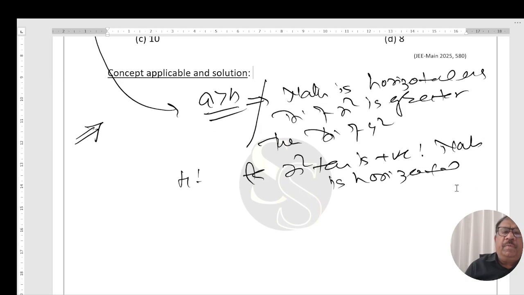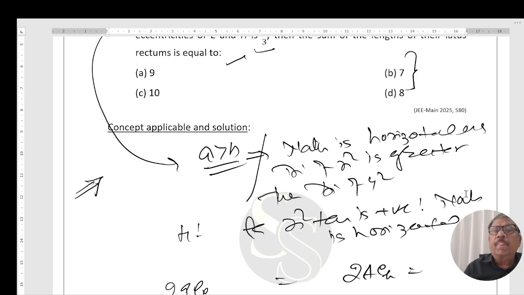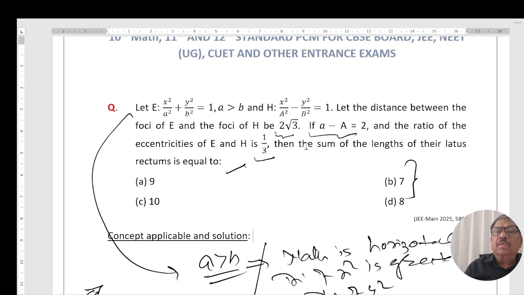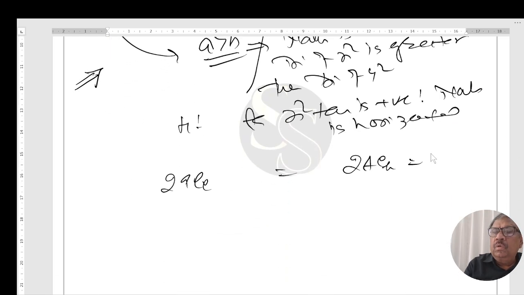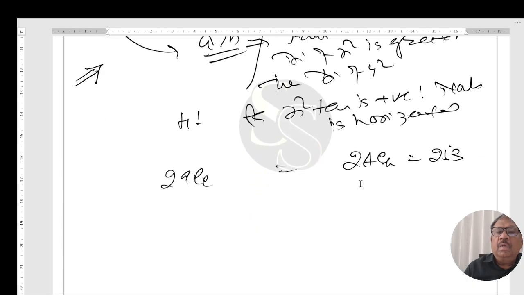The distance between the foci of the ellipse is twice a e, and for the hyperbola twice A e_H. Taking both equal, the distance is given as 2 root 3.